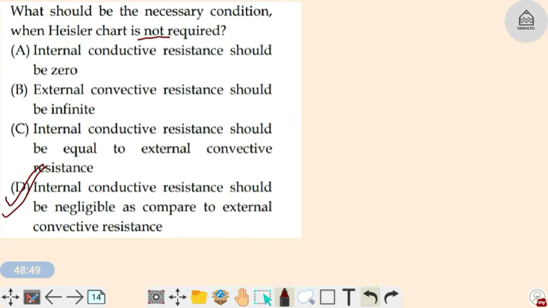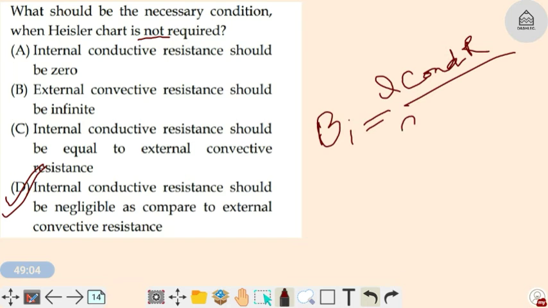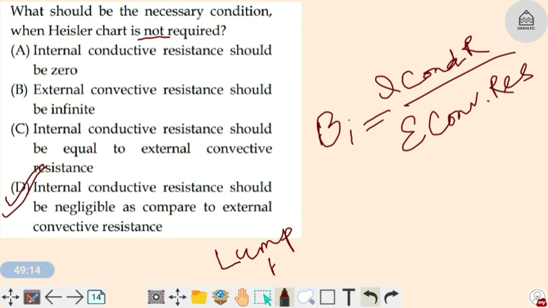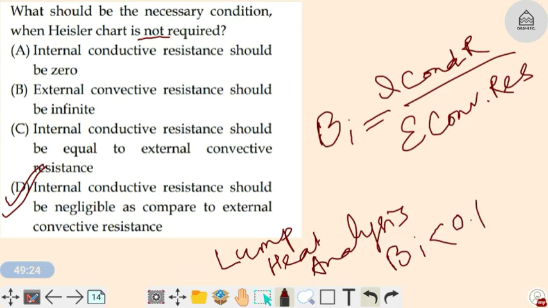Why? Because Biot number is internal conductive resistance divided by external convective resistance. And lumped heat analysis is only applicable if Biot number is less than 0.1.